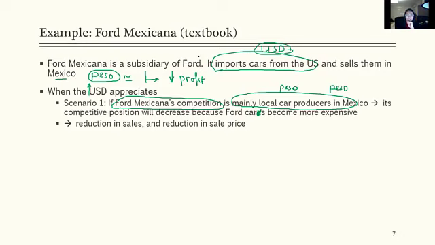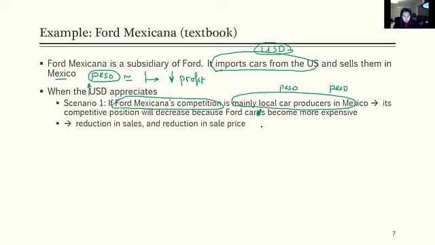Okay, so if you have answered A, can you explain to me why? That's because the production cost increases for Ford to make cars for Mexico. Exactly, yes. And how is it related to the competitiveness?